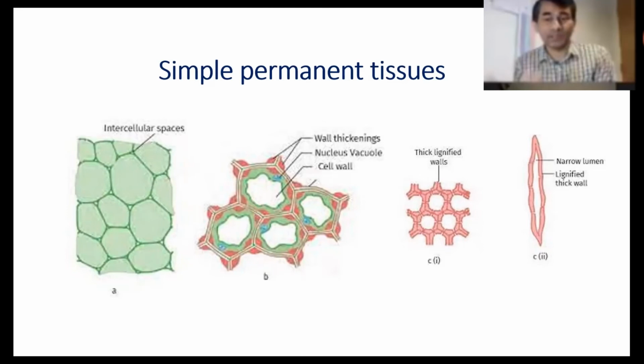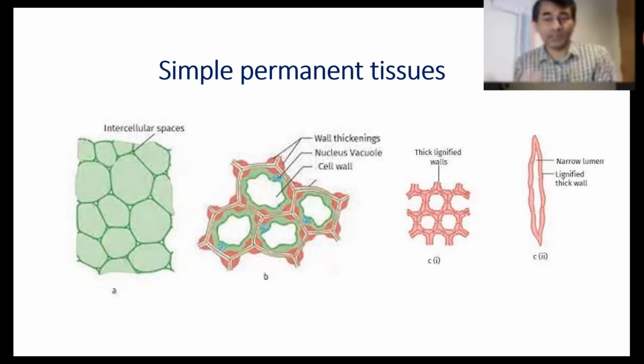So there are a lot of spaces around the cells. You can see between these green cells, there are spaces. What are these spaces called? They are called intercellular spaces. The space between two cells is called intercellular space. The cells of parenchymal tissue store food. So that's their function here.